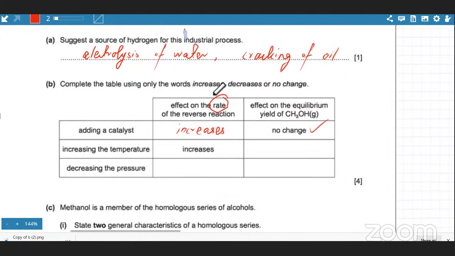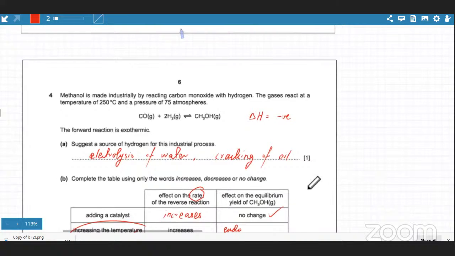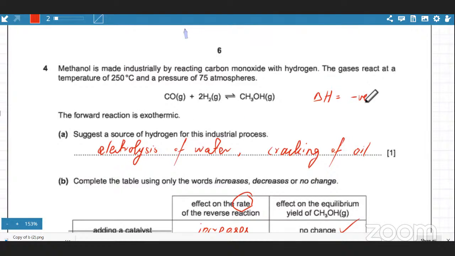Increasing temperature, the rate increases. Why? Because you have more kinetic energy. Now, increasing temperature favors which reaction? It favors the endothermic reaction. So endothermic, remember the forward reaction, we already knew that the forward is exo. Going in the forward direction, the reaction is exo. It's going to be the backward reaction which is going to be endo. So the backward reaction is endo.